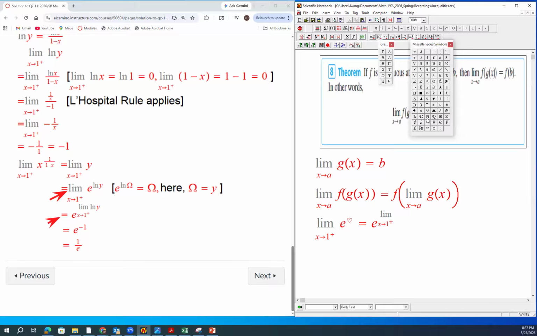The limit we took from the output, now we take as a limit of the input, and we will get the same limit.